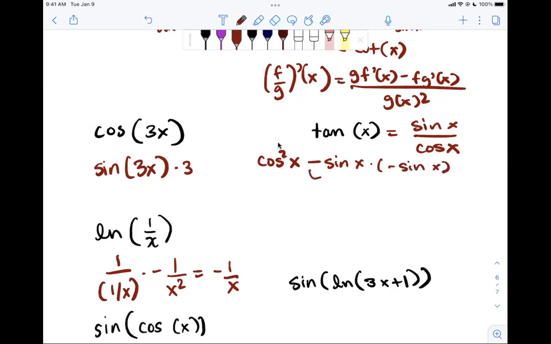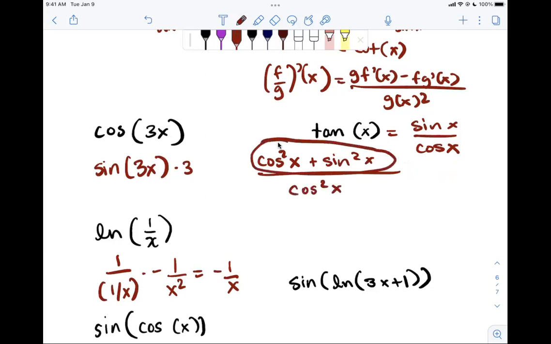So in fact, this is just going to be a plus sine squared x, over cosine x squared. And the top, cosine squared x plus sine squared x, is just going to be 1. So this is 1 over cosine squared x.